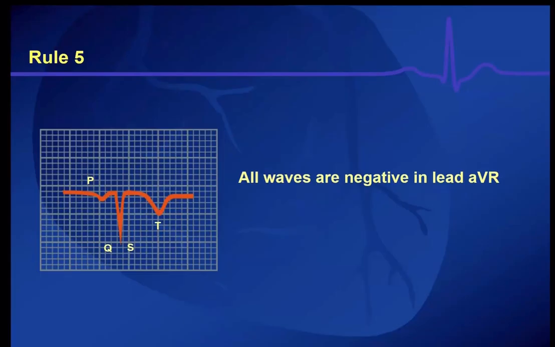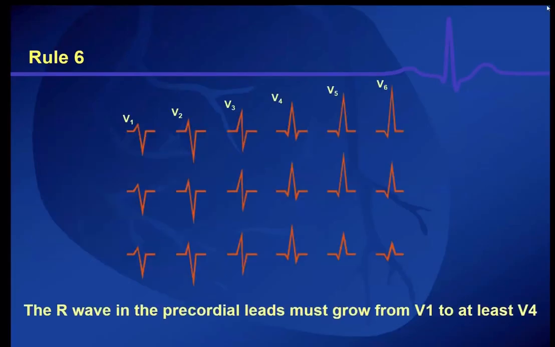We go to rule number 6, and we already spoke about it. Rule number 6 talks about the R wave, how it grows progressively from V1 until it reaches the maximum in V6. So this is one normal pattern.